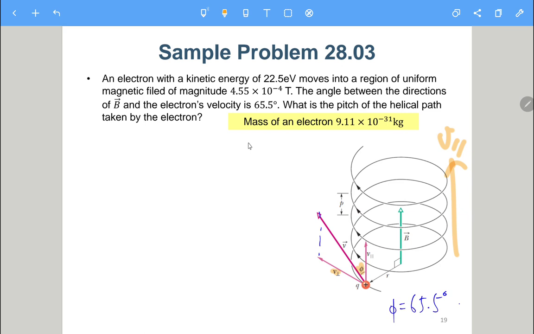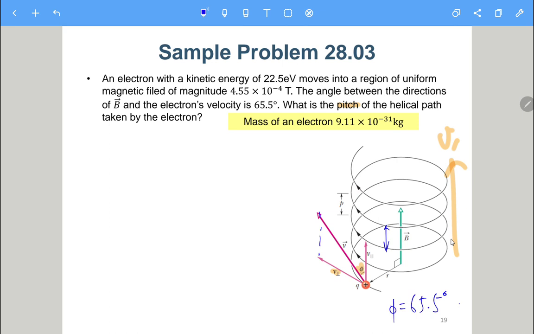So it asks, what is the pitch? The pitch is the distance between two adjacent turns of the helix. Or at any point you draw a line parallel to the B field, the distance between adjacent intersecting points is the pitch.